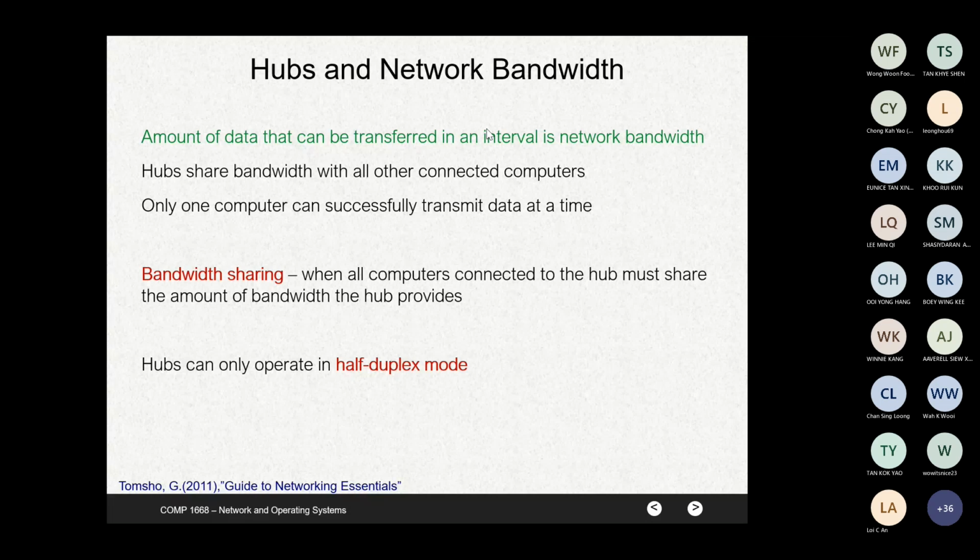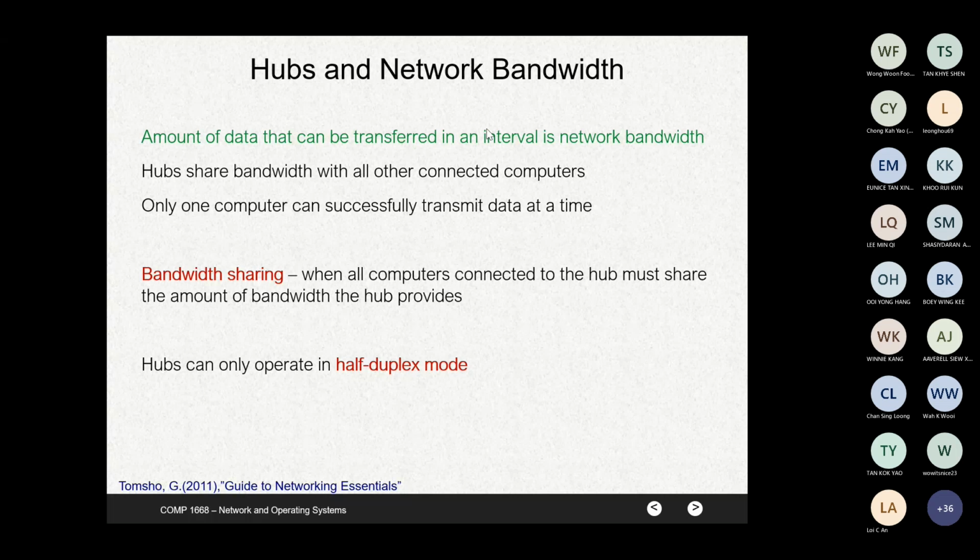Remember I told you, if each port provides 10 Mbps, and if there are 5 computers, you take the 10 Mbps and divide by 5. So each computer's speed will be 2 Mbps. This is the keyword that I want you to understand.